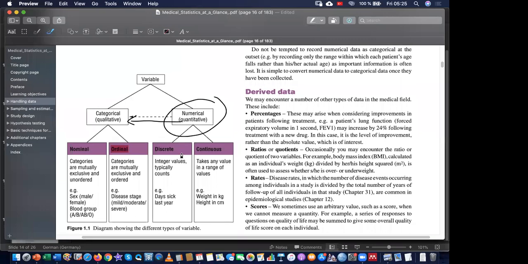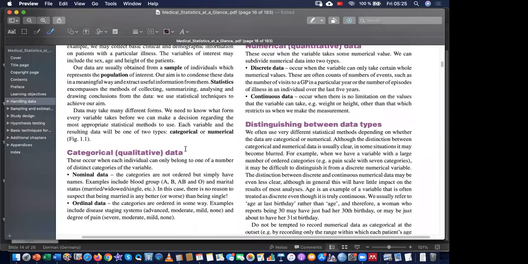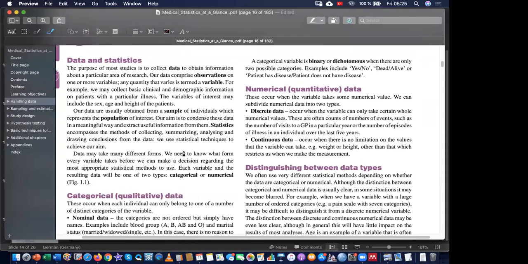For this reason, when you have numerical data, collect it as numerical. Please don't forget this rule. I ask it also in the exams.